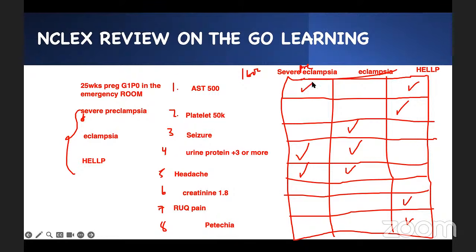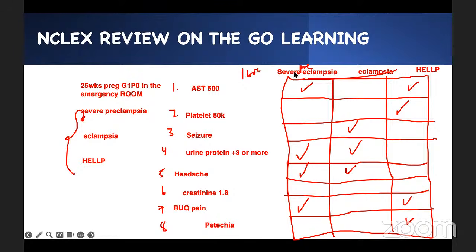So the AST can go up. They can still get right upper quadrant pain. It's not unique. So remember, severe preeclampsia, they can have right upper quadrant pain, LFTs can go up, but it's not unique, right? That is the key.